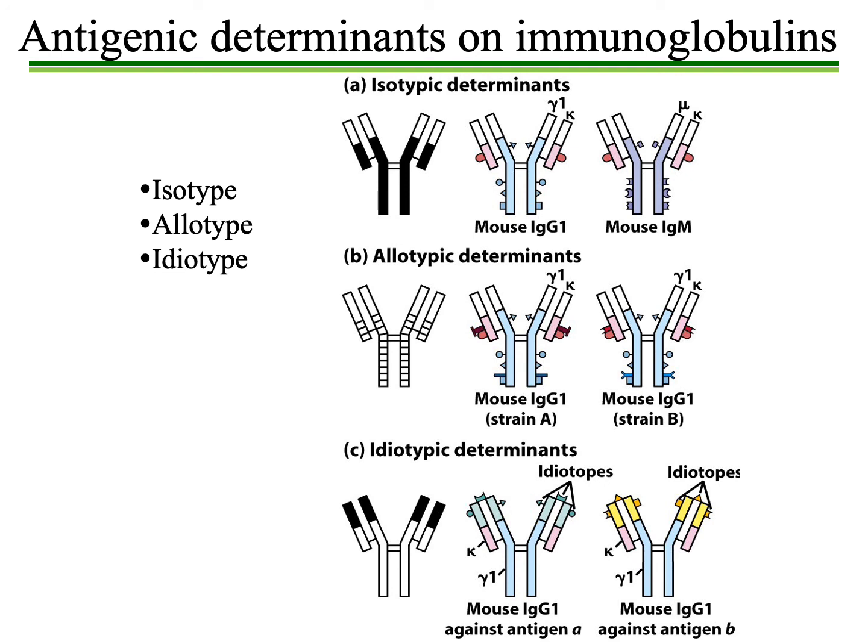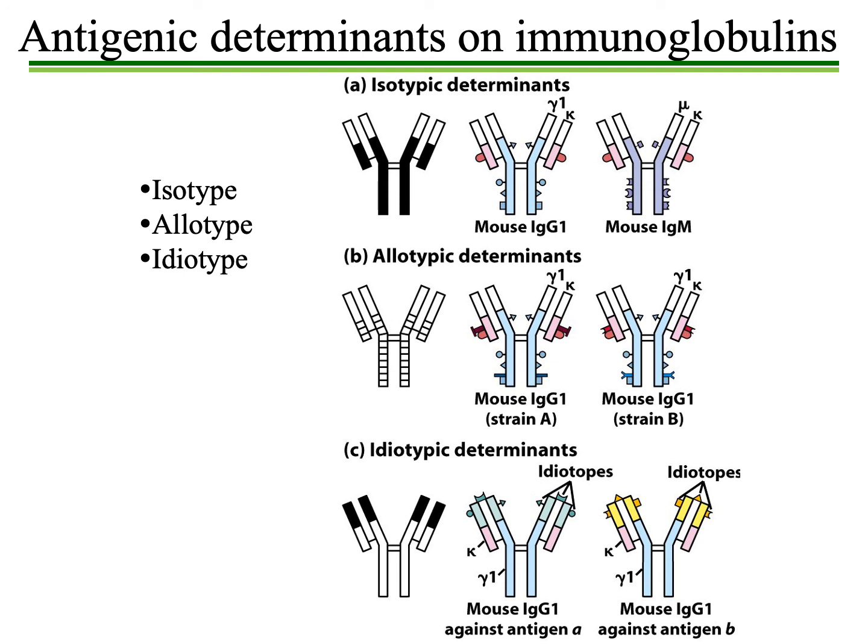These differences occur in the constant region of the antibody, and this is specifically what distinguishes between the classes or the subclasses. So in this example, what differentiates an IgG from an IgM or from an IgA is the constant region. The sequence that's found there is slightly different and is characteristic of either IgG, IgM, and so on.